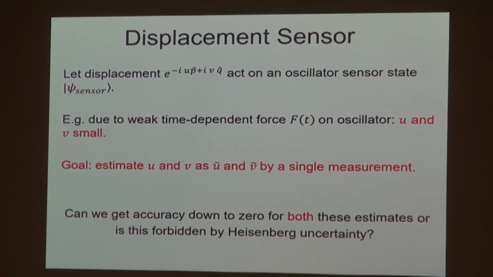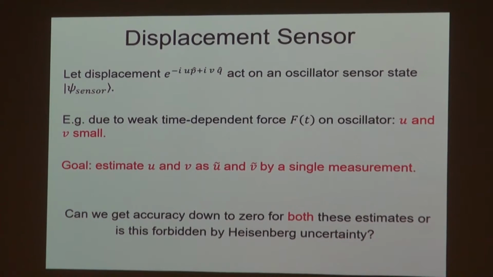These displacements could be due to noise, and there's little noise, so maybe small displacements are due to noise, but there are also other forces that you may detect by doing this. So a time-dependent force that acts on the oscillator, still inducing a displacement that's small but larger than whatever background noise you have.